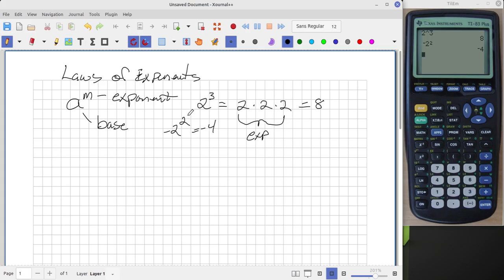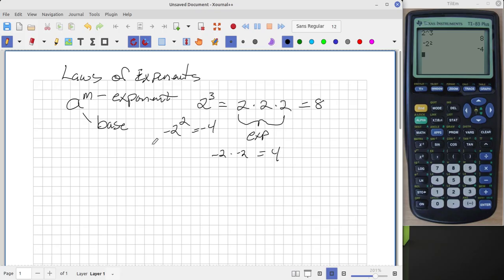Well, first of all, its primary rule in dealing with exponents, and this is the same way you think of it with pencil and paper, is that this exponent applies only to this number. Now this has a negative in here, and we may be implying by this that we want to do a negative 2 times a negative 2. And we know that a negative times a negative is a positive. So why isn't the calculator giving us that?